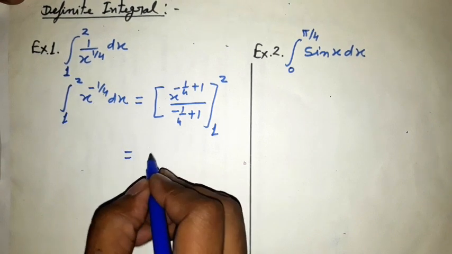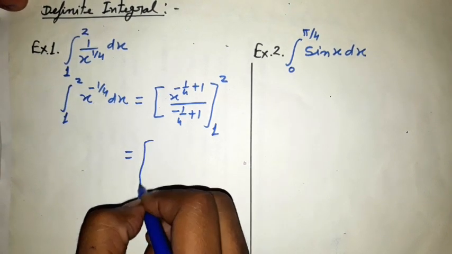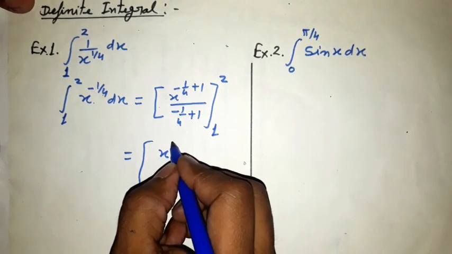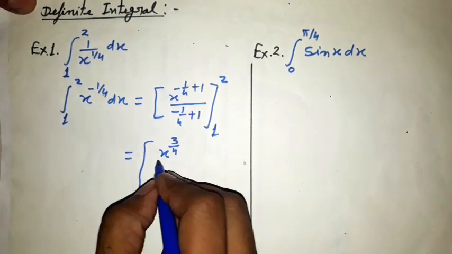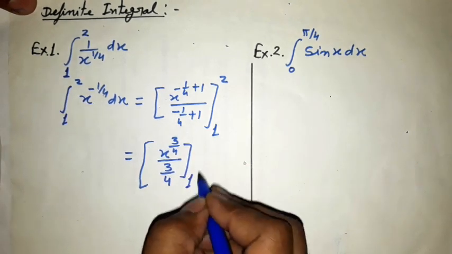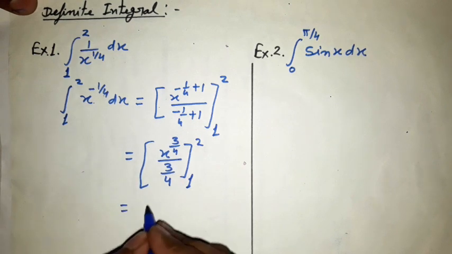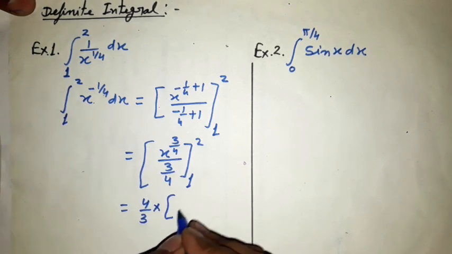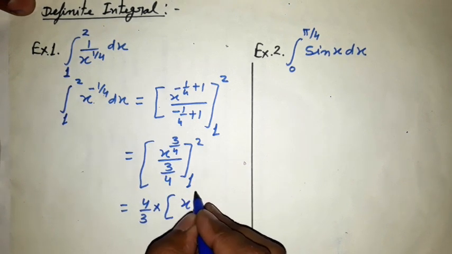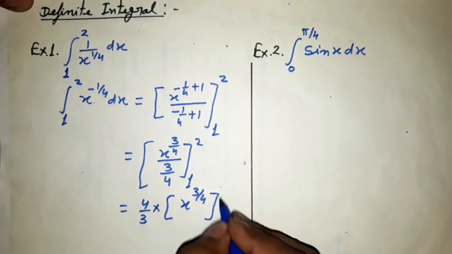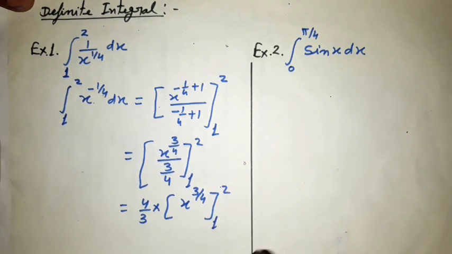So this will be x to the power 3 by 4 whole upon 3 by 4, with limits 1 to 2. Then this will be 4 by 3, a constant term, and x to the power 3 by 4 with limits 1 to 2.